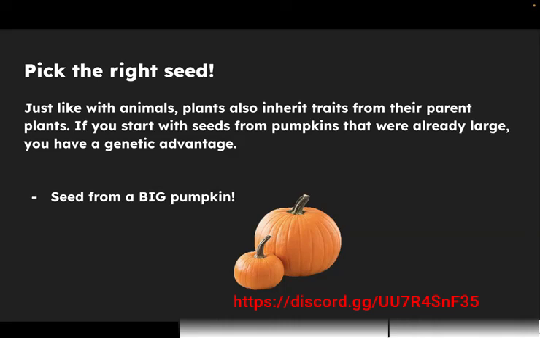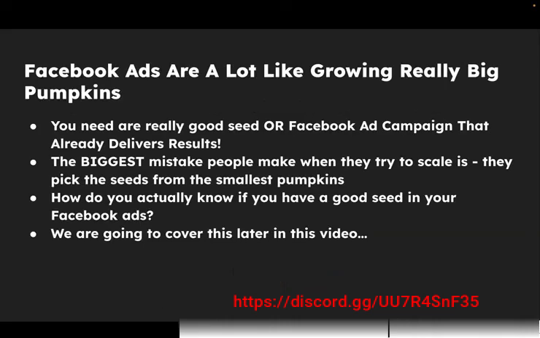You need to pick a seed from a pumpkin that's already big. Because just like animals, plants also inherit traits from their parent plants. If you start with seeds from pumpkins that were already big, you have a huge genetic advantage to grow a big pumpkin. So you need to pick the right seed, and you need to plant the right seed.